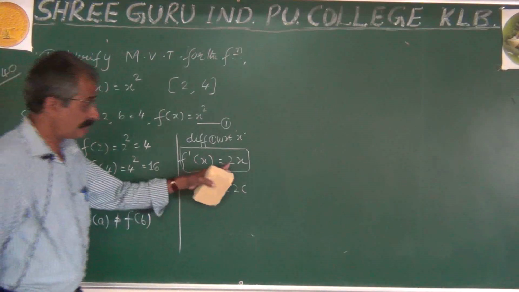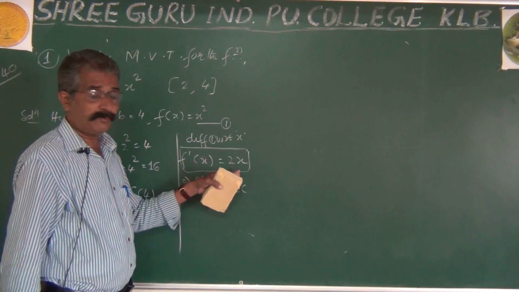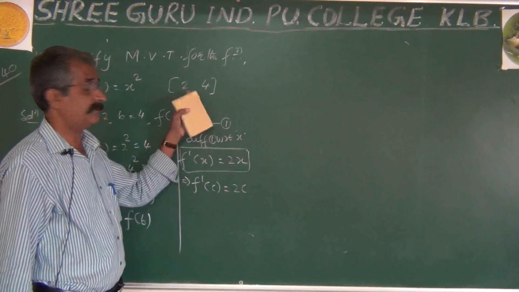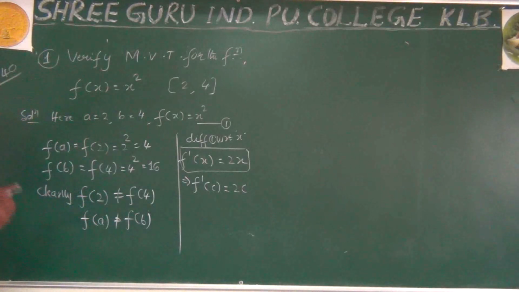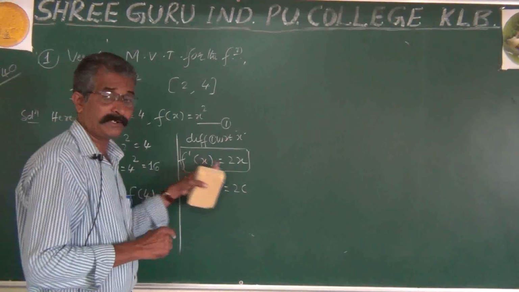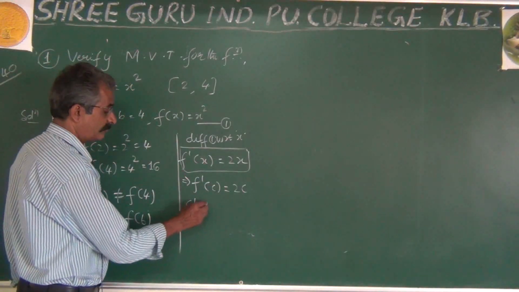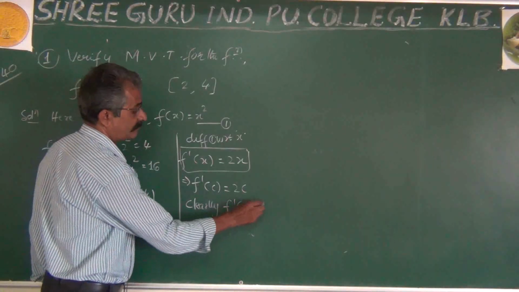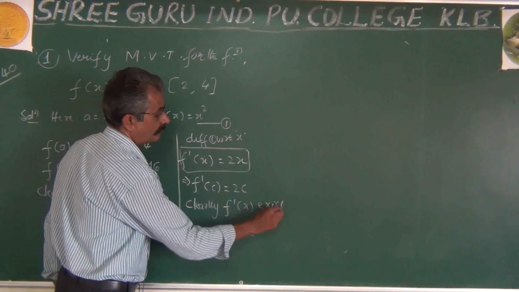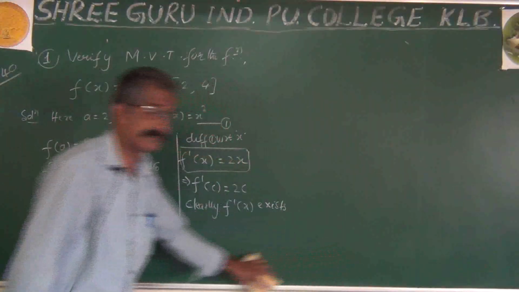Observe whether this is valid or invalid. It is valid for any value of x in the interval 2 to 4 because it does not have any denominator expression. That's why f dash x exists. What is the meaning of f dash x exists?